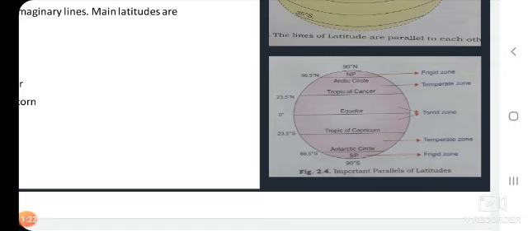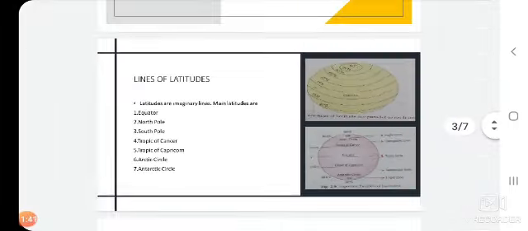And the uses of latitudes are to find the location of a place, to measure the distance of a place, and to carve the earth into the heat zones. Okay, children, so this is all about lines of latitudes. I hope the point is very much clear to you.